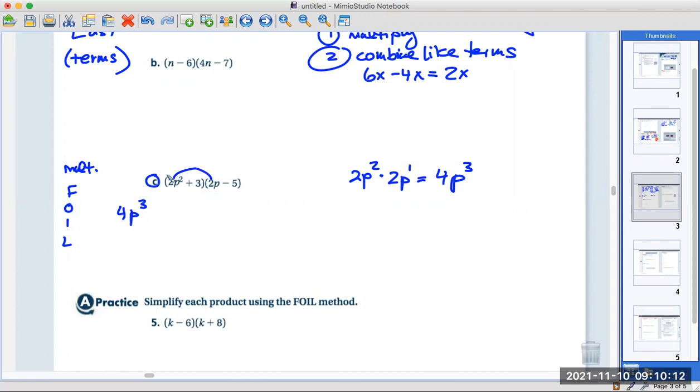First, outer, the 2, draw the bow, 2p squared times -5. Notice the 5 is negative. The sign in front matters. That's multiplying here. 2 times -5 is -10. Attach the p squared.